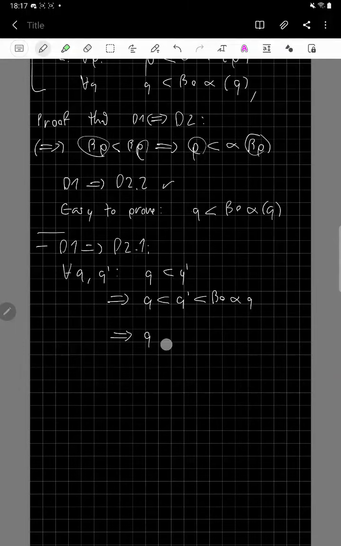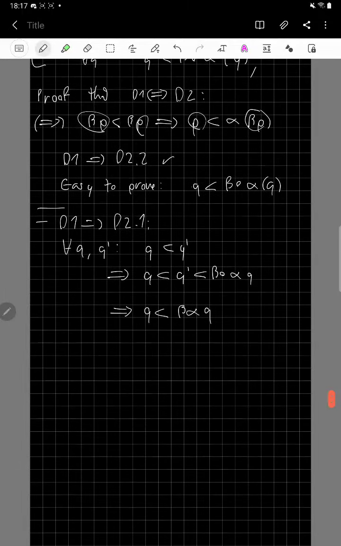Let's remove the non-important part, and we get beta alpha Q. This is not multiplication, just composition.